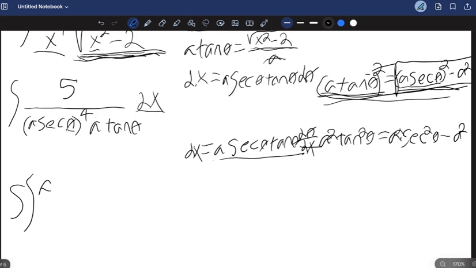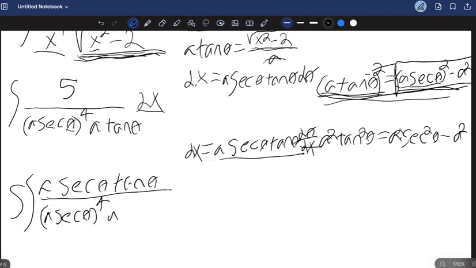So I have a secant theta tan theta, all over, bringing these back down, a secant theta over a tan theta, and then when we bring it over there, we can cancel the a tan thetas and have only secant cubed theta on the bottom.